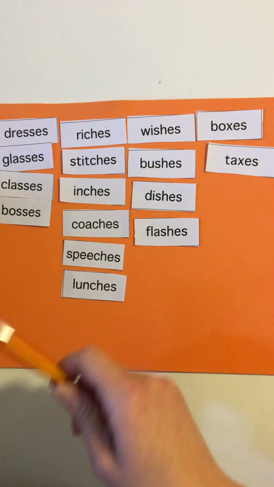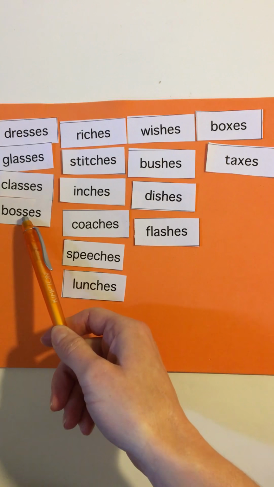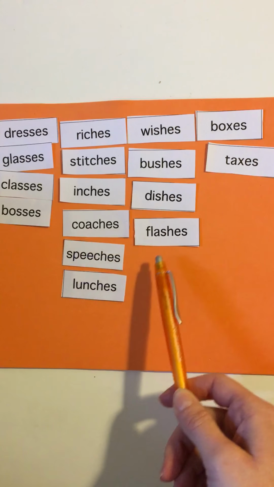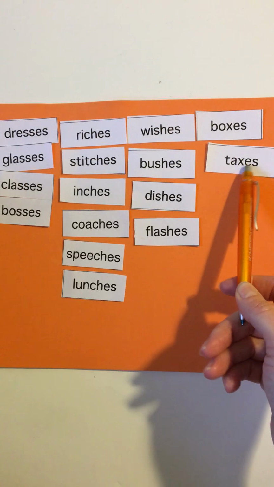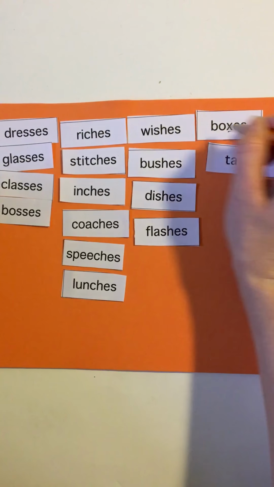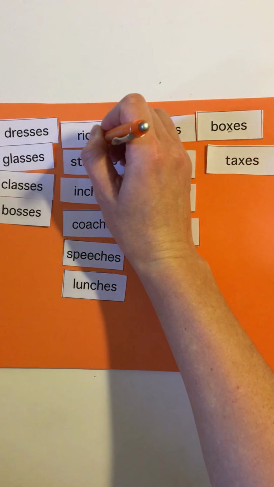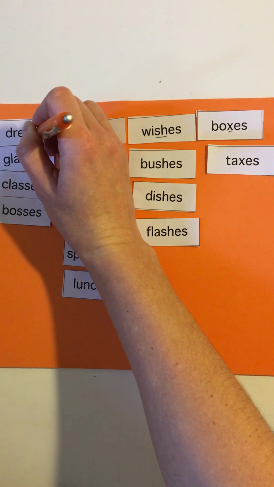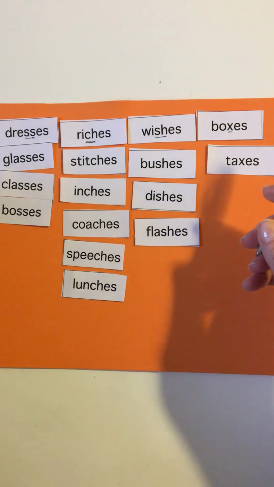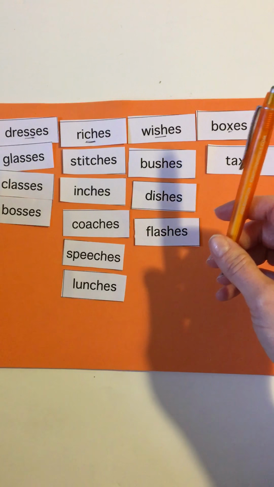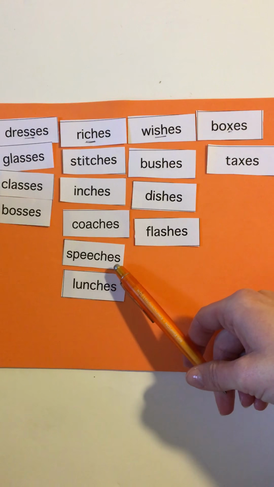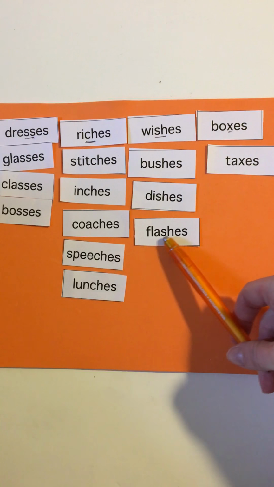If a word ends with S, CH, SH, or X, you add ES to the end of it. First, a lot of times you can hear that there's an S. Speeches, you can hear the E sound.